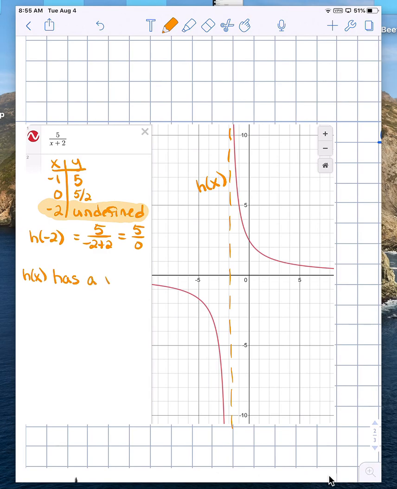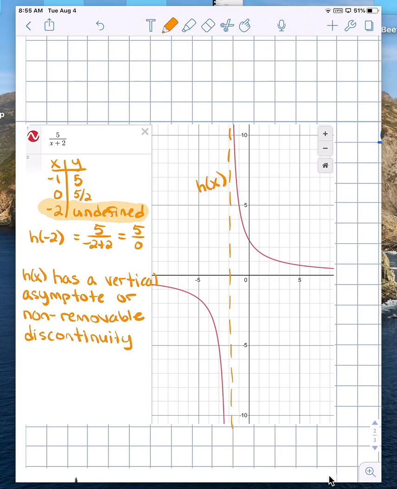Has a vertical asymptote, or non-removable discontinuity, at x equals -2. Okay, we can see that non-removable. There was not a factor we could remove that would create a hole in the function. Instead, we have a vertical asymptote. That's non-removable discontinuity. Let's talk about the limit.